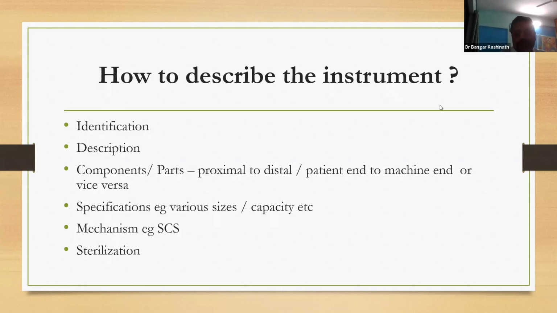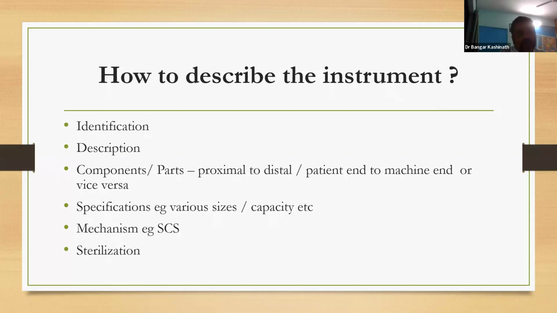Second, describe that instrument. Describe various components or parts of the instrument. You can go from the proximal end to distal end, or distal to proximal, or patient end to machine end, whatever. It depends on different instruments.